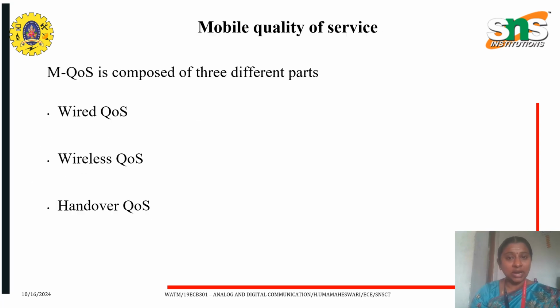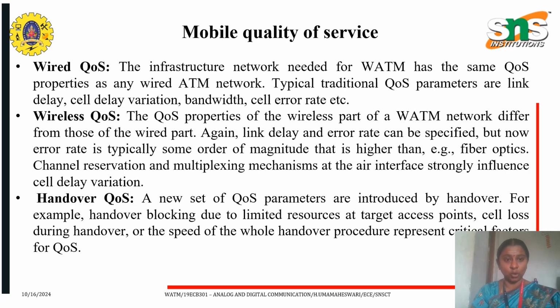The various qualities of service of a mobile are wired, wireless and handover. Wired quality of service means the infrastructure network needs the same properties as a wired ATM network. The typical traditional QoS parameters are link delay, cell delay variation, bandwidth, and cell error rate, etc. Then wireless QoS.